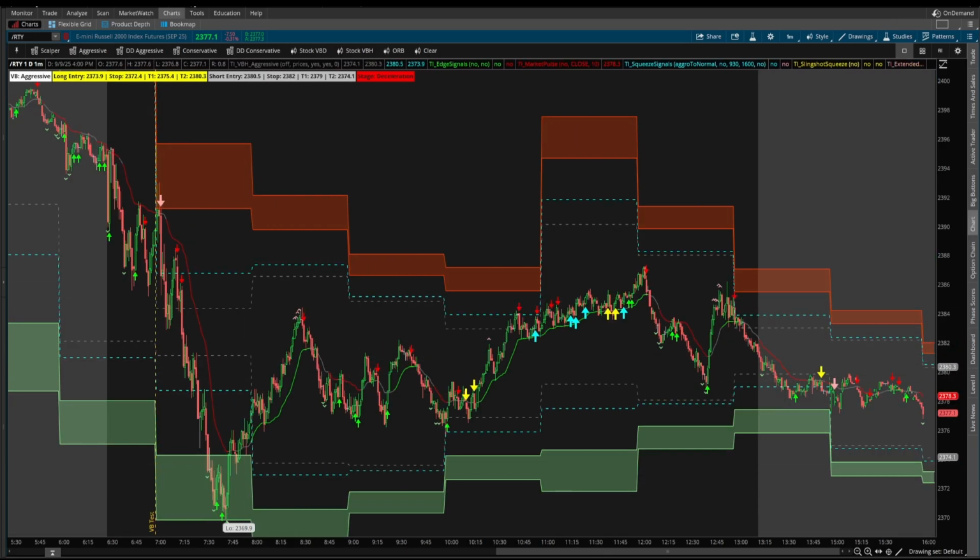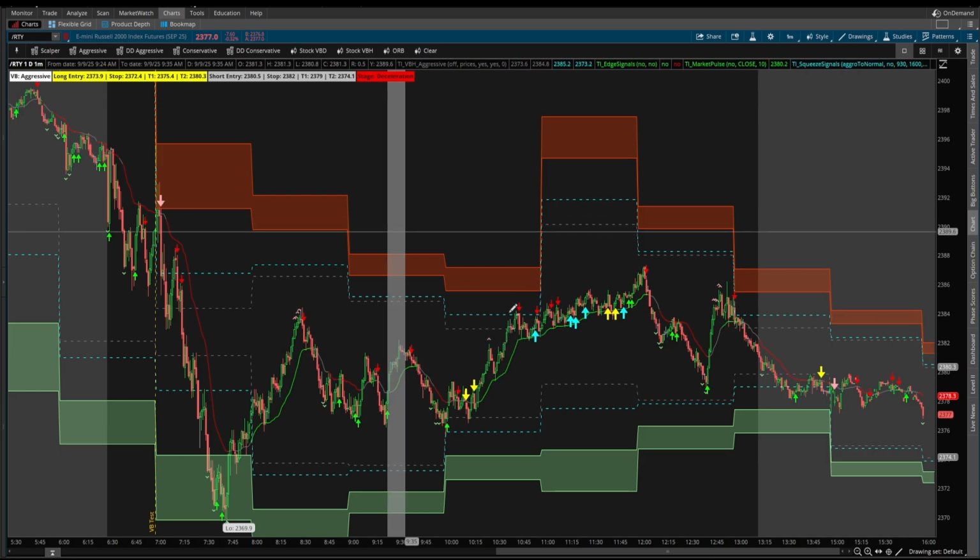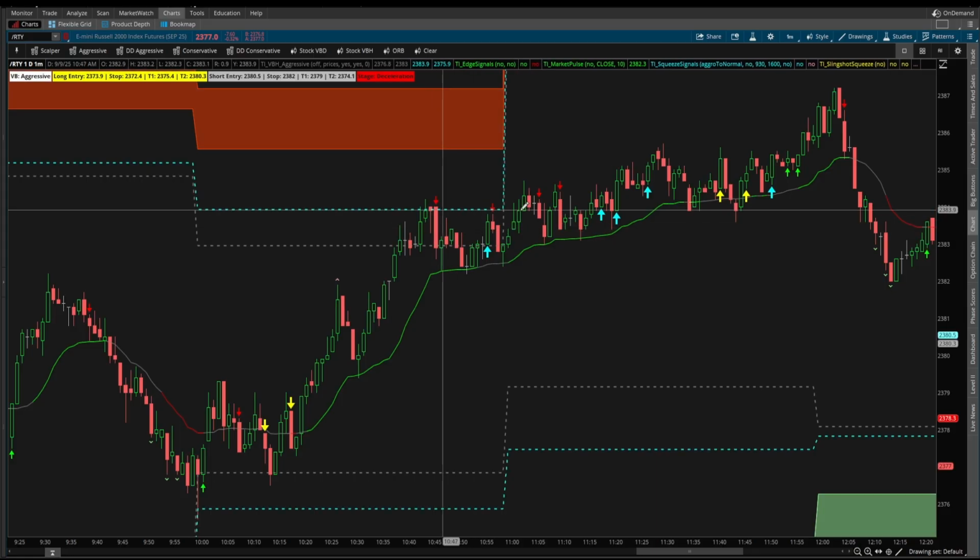Instead, as price just continued to keep chopping around here, we then triggered a short side setup in the 10 to 11 a.m. Pacific hour when price action rallied into our volatility box zones. That flattened out the existing longs and now triggered us into a new short side setup here inside of the Russell futures.